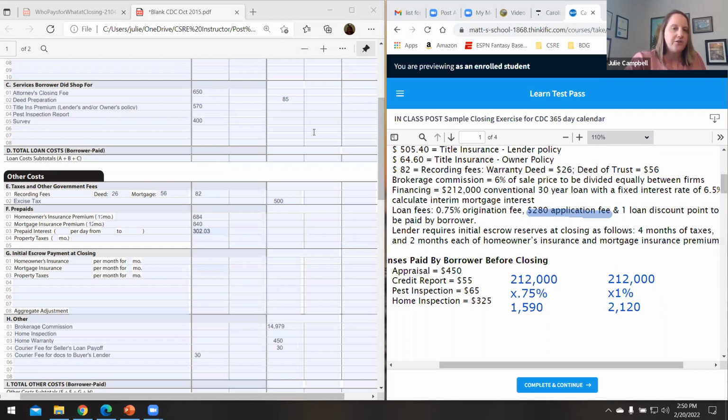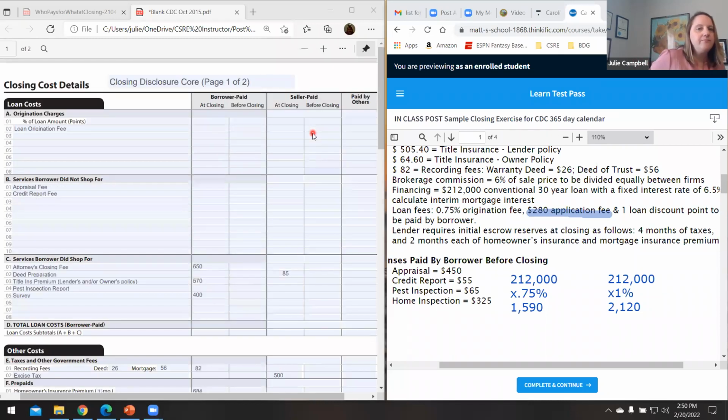And the lender's charges are on page 1 under A, as in Apple. Your points, we have discount points of 1,280. You have a loan origination fee of 1,590, and then I just have a write-in. That's what these extra blanks are for.